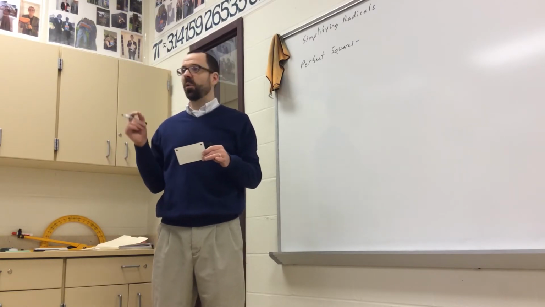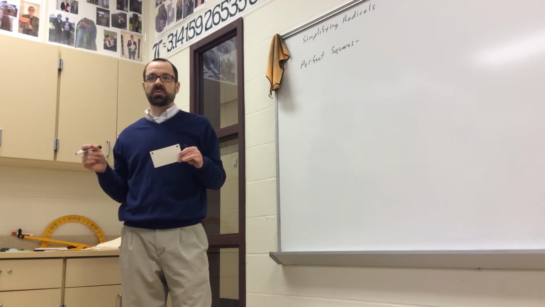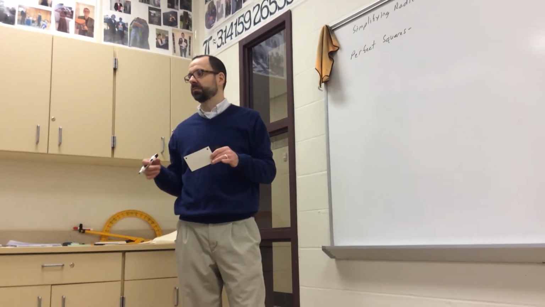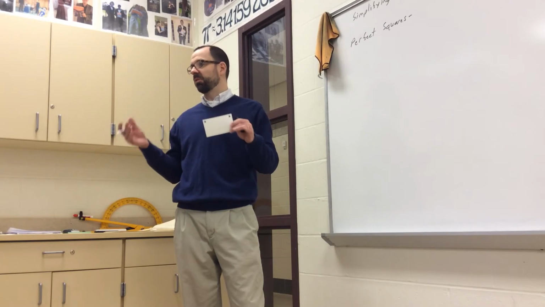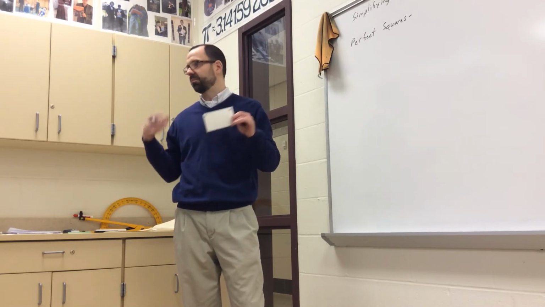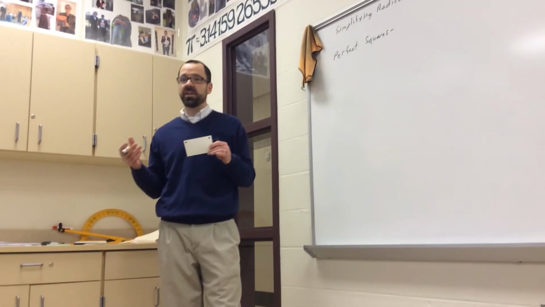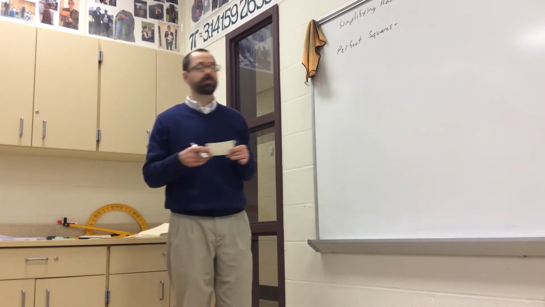So for example, 25 is a perfect square because when you take the square root of 25, it's just 5. But 14 is not a perfect square because when you take the square root of 14, it's 3.6 yada, yada, yada. It goes on forever. So it's not a nice number. So a perfect square is when you take the square root of it, it comes out as a nice whole number.